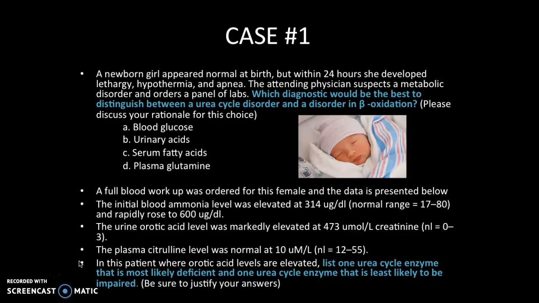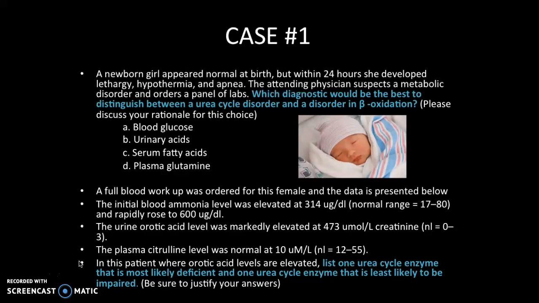So a full blood workup was ordered for this young female, and the data is presented below. The initial blood ammonia level was elevated at 134, where the normal range is 17 to 80, so it's clearly extremely high. And it rapidly rose to 600, so that's concerning in itself. The urine orotic level was markedly elevated at 437, whereas the normal level is 0 to 3, so that's also extremely high and very concerning.